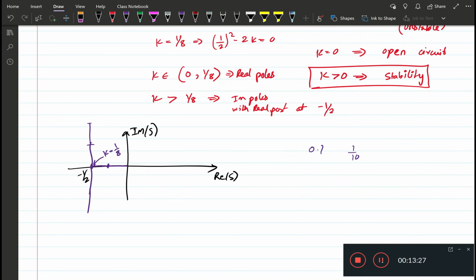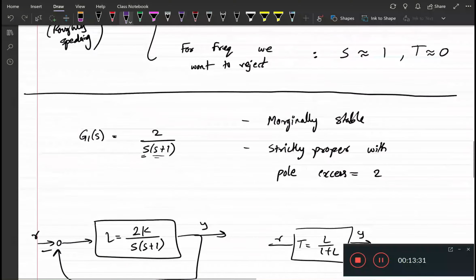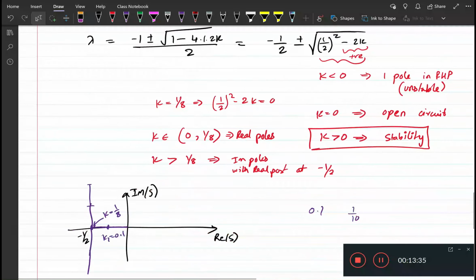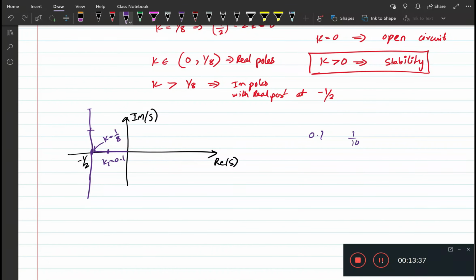So let me just say k1 equal to 0.1. Then we have 1 and 10. For k equal to 1, we would be somewhere here, and for k equal to 10, we would be somewhere higher.